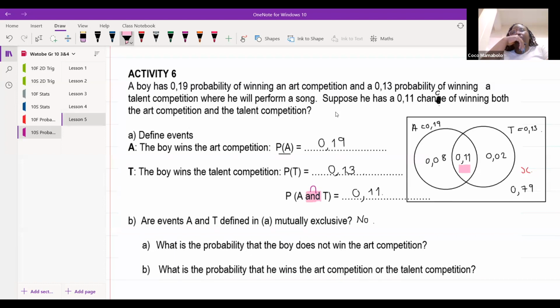That it's not mutually exclusive. Yes, but if we look at the example they've given us, it says he has a 0.9 probability of winning the art competition and a 0.13 probability of winning the talent competition. What does the 0.11 represent exactly?